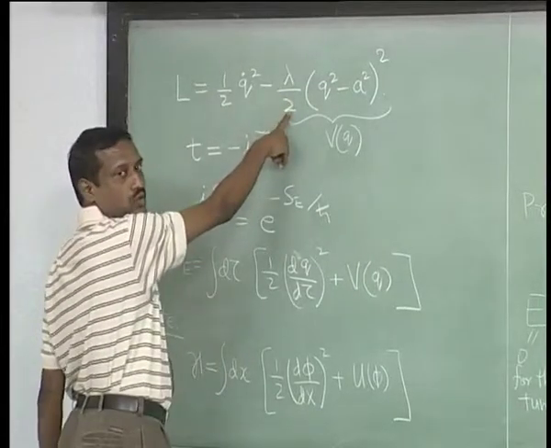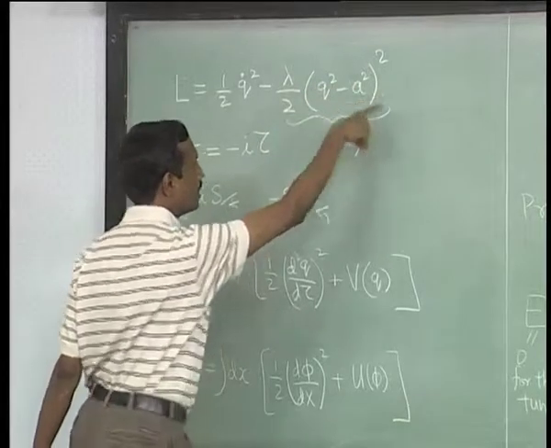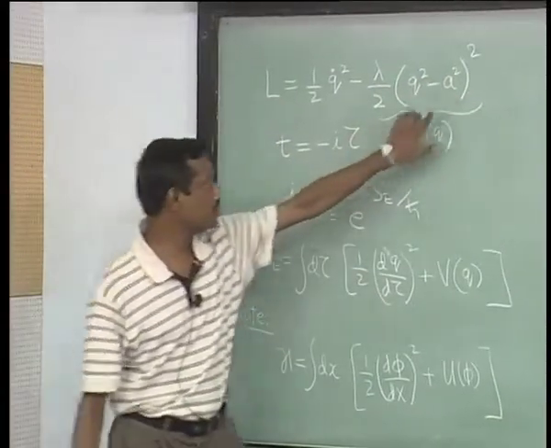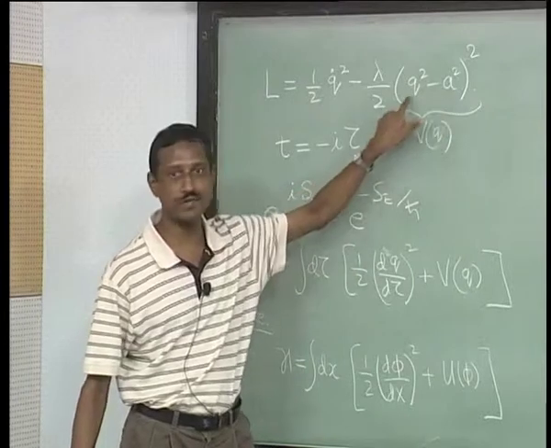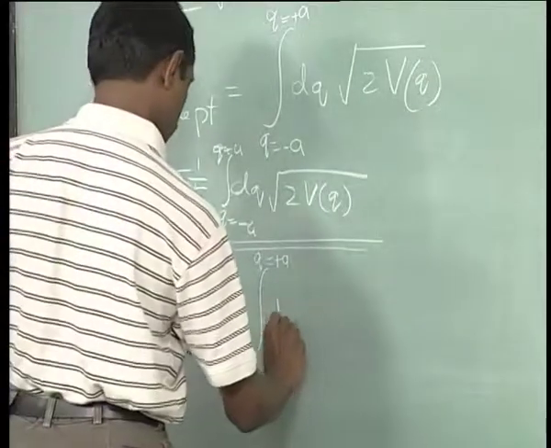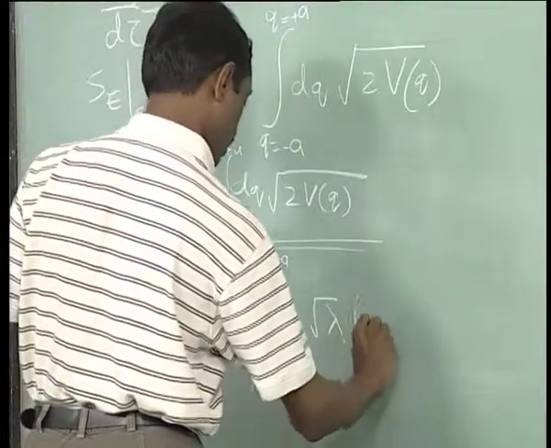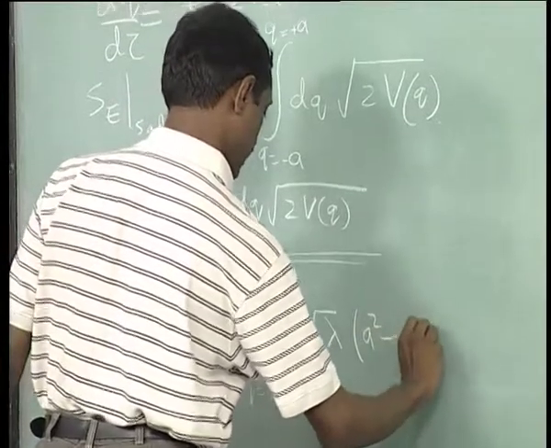So, this 2 will go away. I am left with the square root of lambda times the square root of this thing, but I have to make sure that it is positive. In the region I should choose the positive, a squared minus q squared. So, this will just become dq square root of lambda into a squared minus q squared.